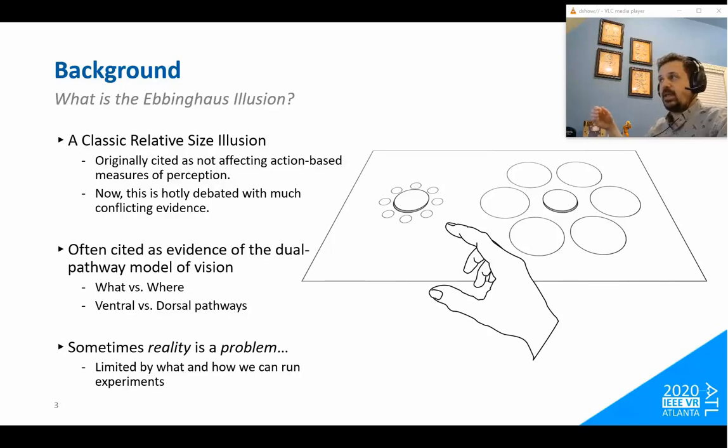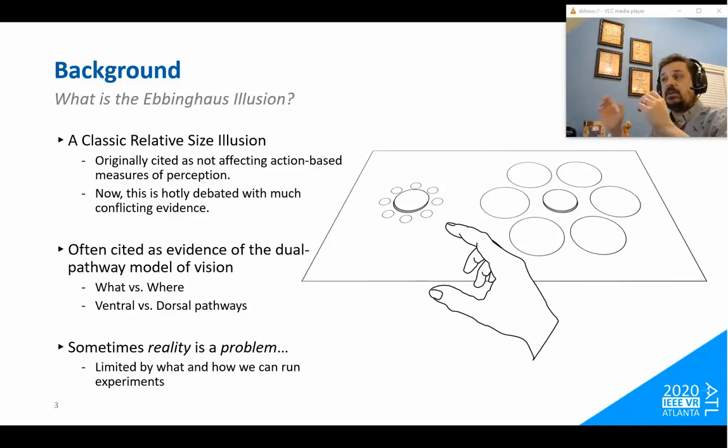In other words, they'll have people reach to targets that are surrounded by annuli of either large circles or small circles, and then measure the width of the grasp as they're going in to grab it. Turns out this correlates very well to the physical size of an object. So if you're reaching to a juice glass versus a coffee mug, your grasp aperture is going to scale accordingly.